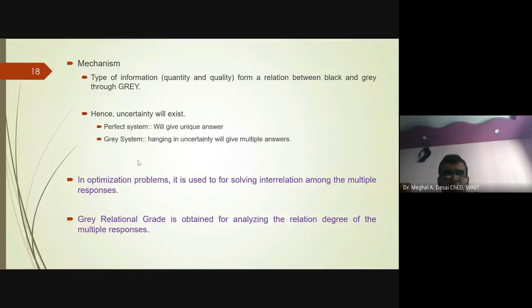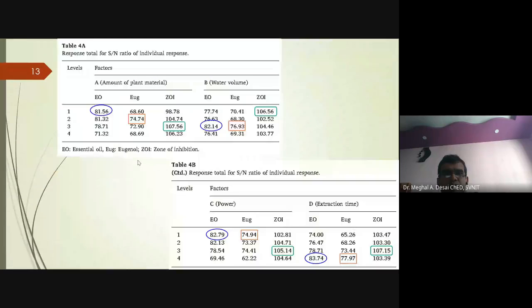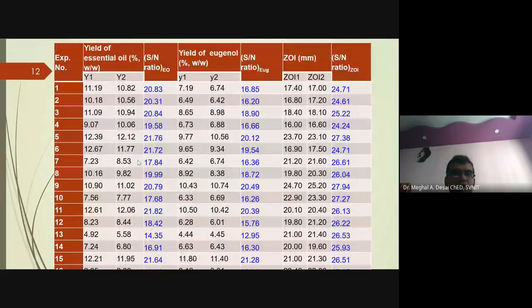If I show you here, the variation for essential oil is around 4% to 12%, while eugenol is varying from 4% to around 11%, while the zone of inhibition variation is above 16.